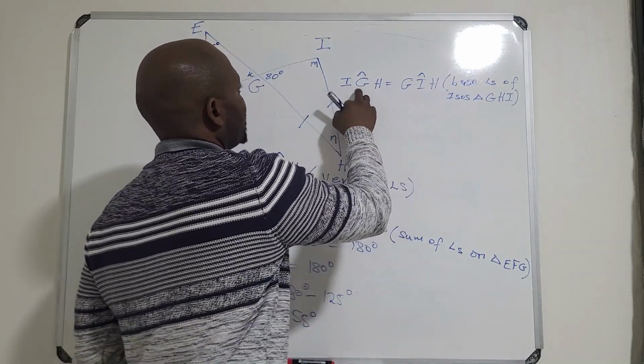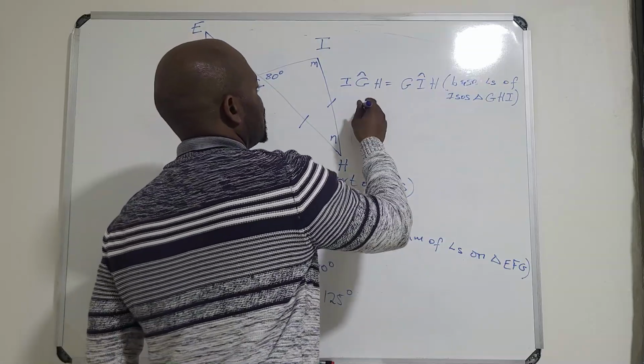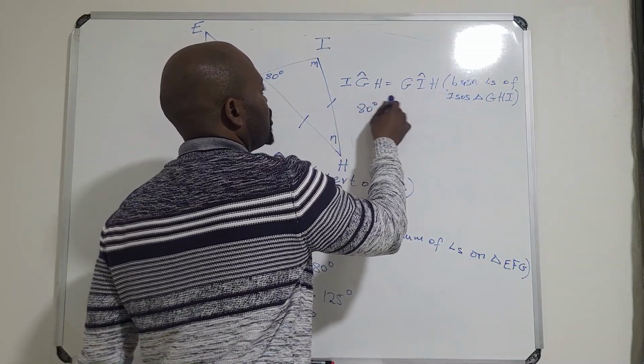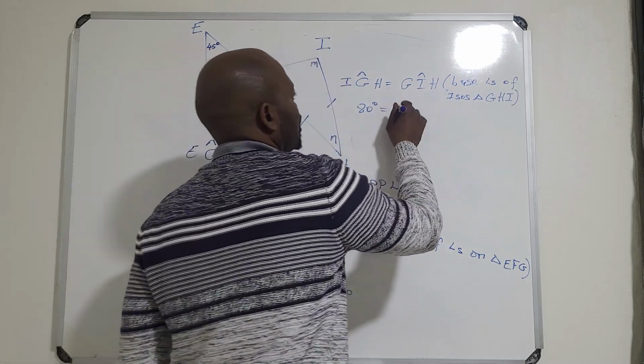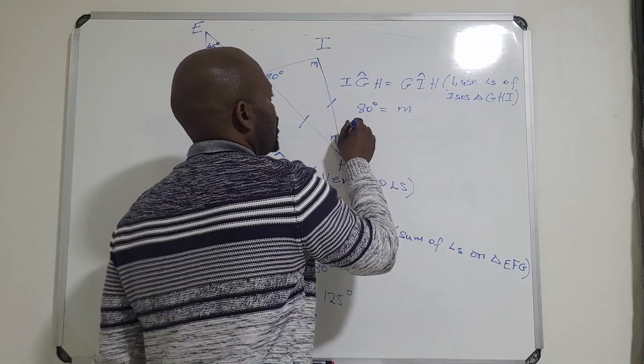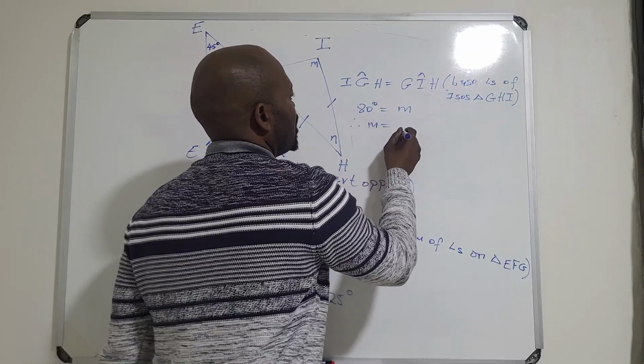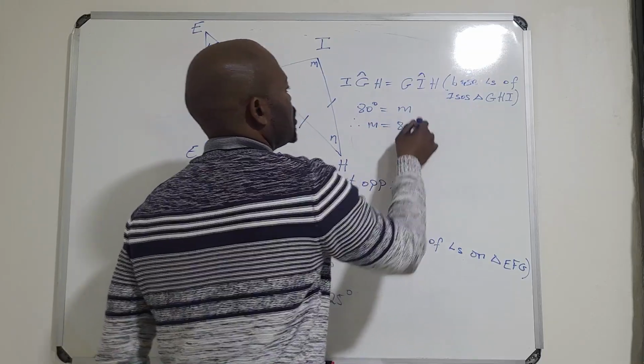Therefore, angle IGH is 80 degrees, which is equal to angle GIH, which is M. Therefore, M is equal to 80 degrees.